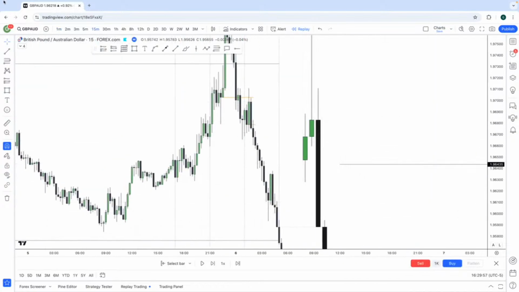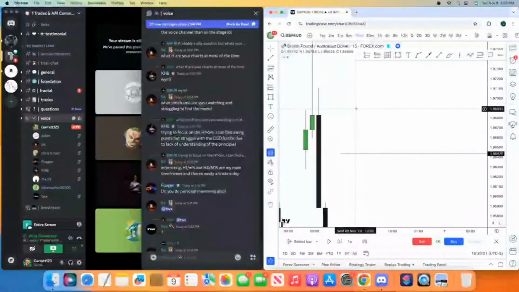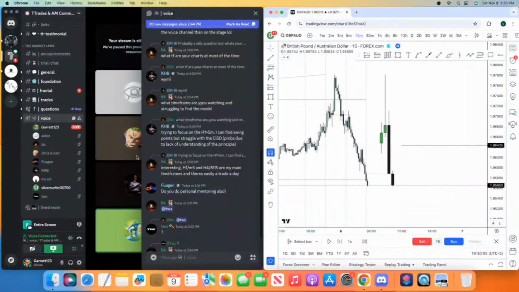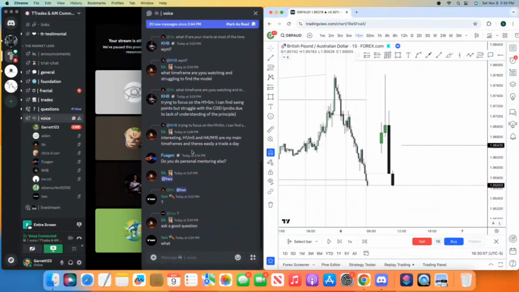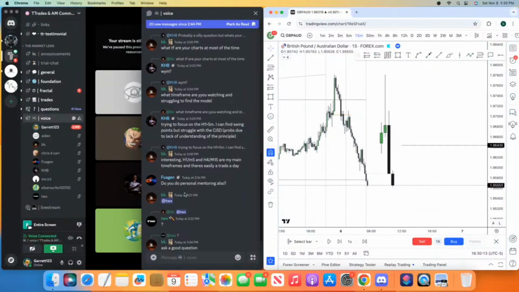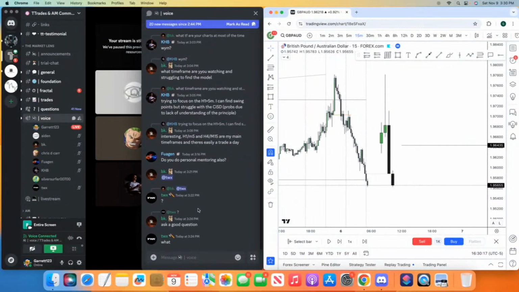You should get this indicator. I think someone can probably share it for you. It's pretty cool. It helps a lot, honestly. Yes, can someone share that with them? Or do you do personal mentoring? Oh, no, I don't. Not really. Anyone have that indicator?